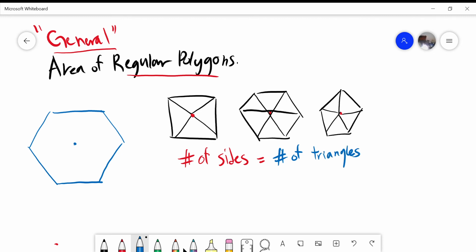Because here we have 4 triangles, and then 6, 5, and this is a pentagon, a hexagon, and a square.